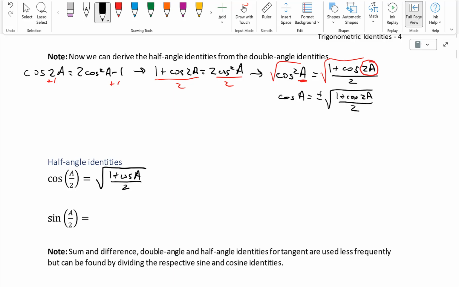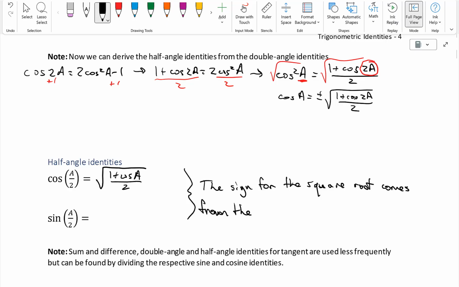And so we can say for the half angle identities, the sign for the square root, right? You may remember the plus or minus when we're solving for an unknown value. The sign for the square root comes from, as with a lot of trig, the quadrant of the angle in question here, which is A over 2.